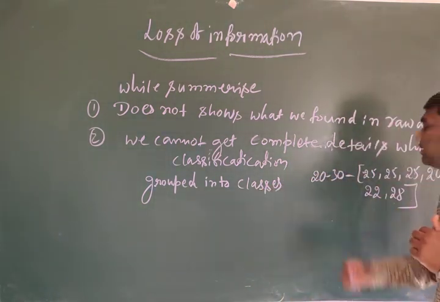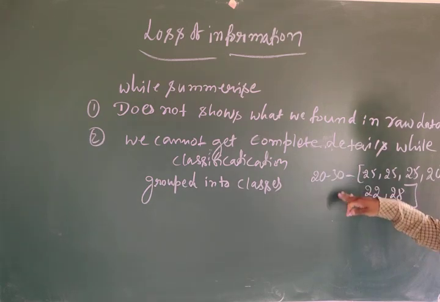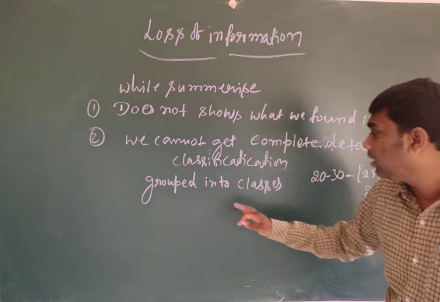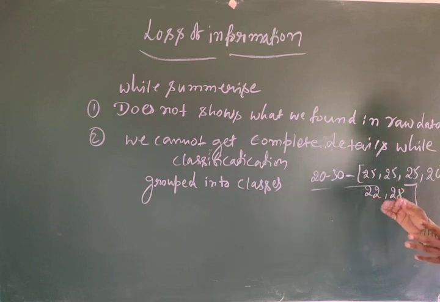In the class 20 to 30, this is the lower class limit and this is the upper class limit, and there are 6 observations: 25, 25, 25, 20, 22, 28. Once the data is grouped into classes, an individual value has no significance for further statistical calculation.